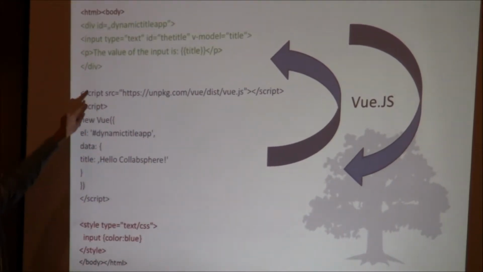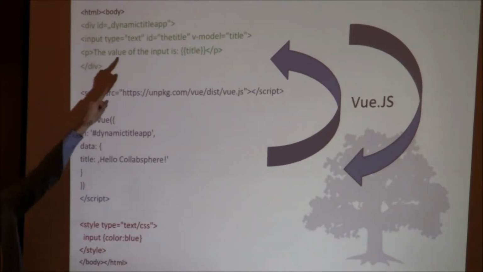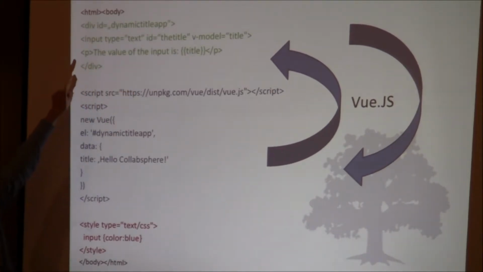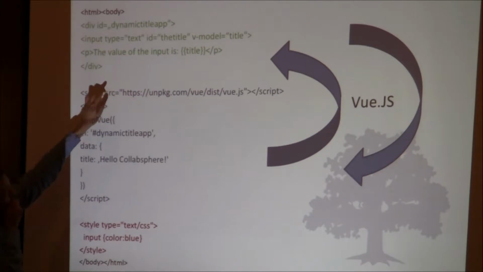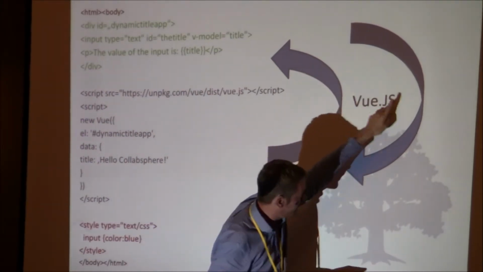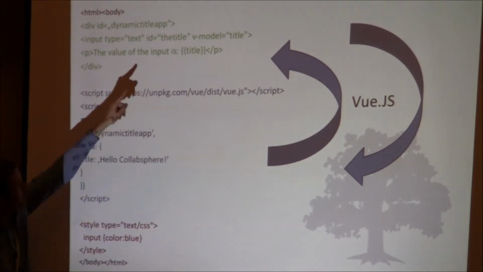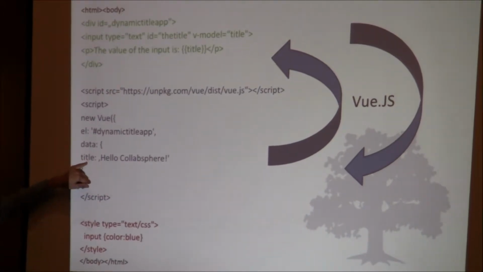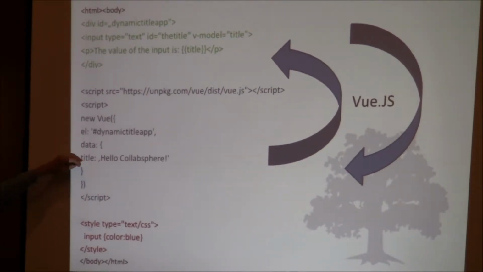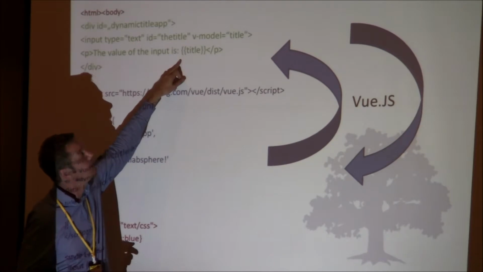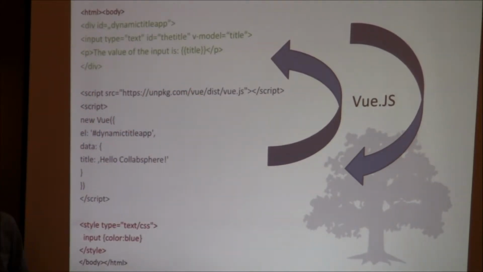What happens here? It's an input field. If you type something in the input field, Vue.js takes the changed input because of the v-model and puts it into title. Then Vue.js takes it and puts it in the place where you would like to display it. So while you're typing, you can see it directly change.